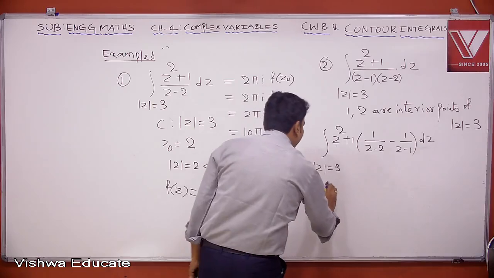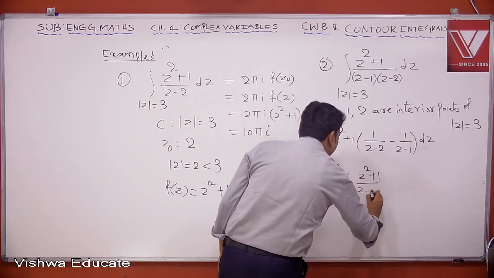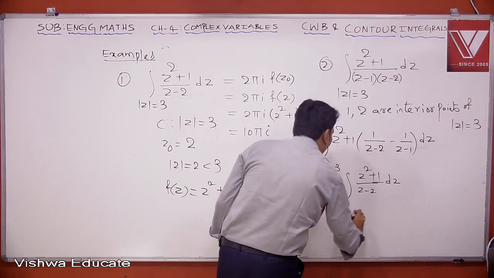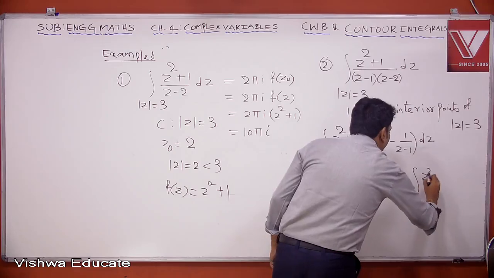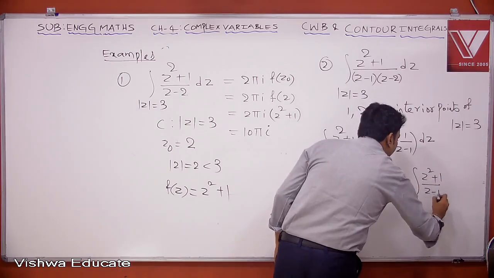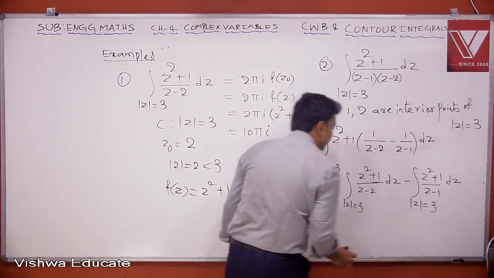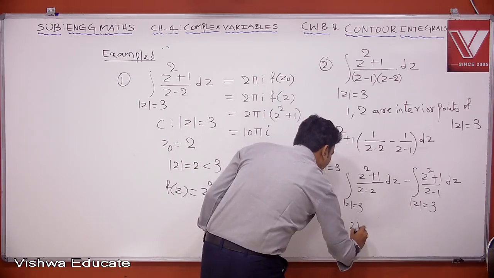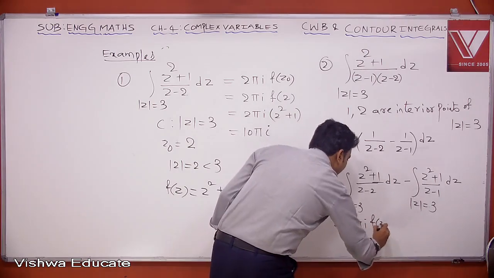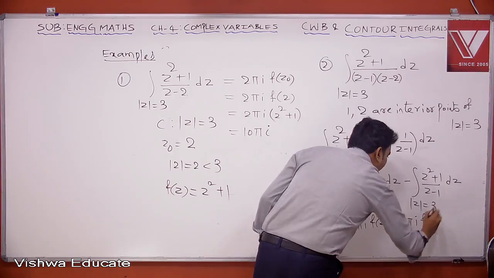Therefore, apply the linear property for integrals. This is the integral of (z square plus 1) by (z minus 2) dz over mod z equal to 3 minus the integral of (z square plus 1) by (z minus 1) dz over mod z equal to 3. Now here z0 is 2, f of z is this. Therefore, this is 2 pi I into f of 2 minus 2 pi I into f of 1.